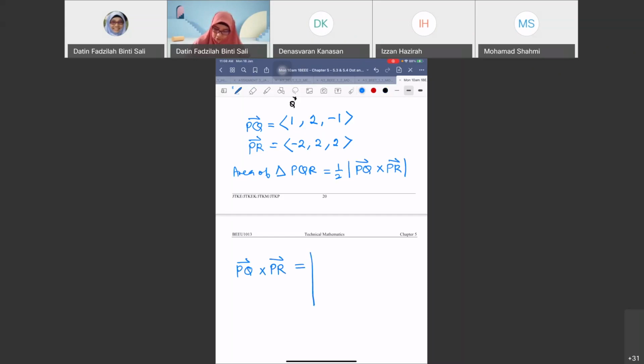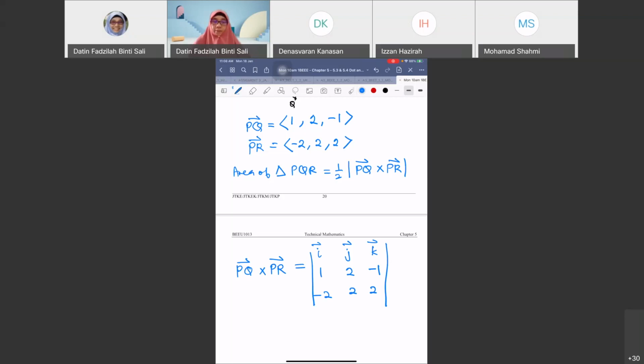Again, i, j, k for the first row. Second row will be the components of vector PQ, which is 1, 2, minus 1. And the last row will be the components of vector PR, which is minus 2, 2, 2.